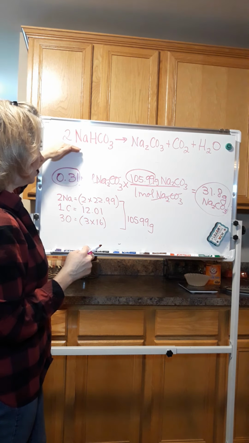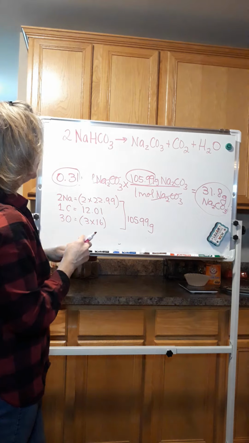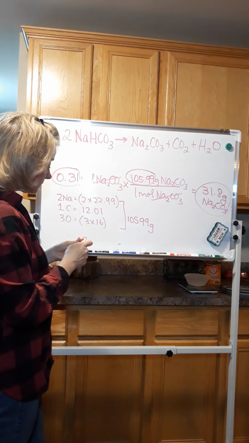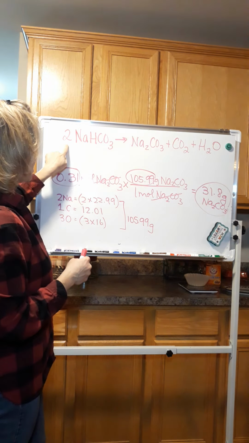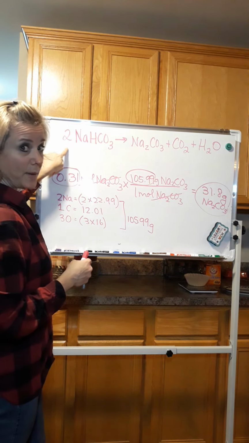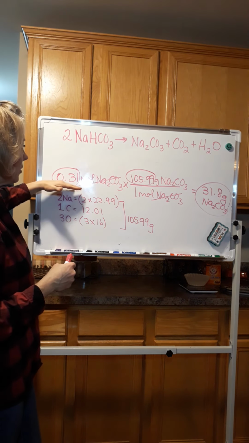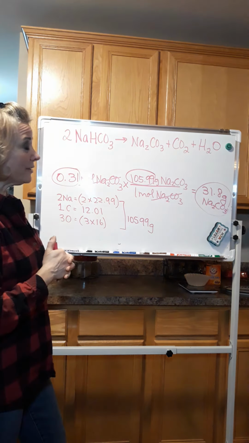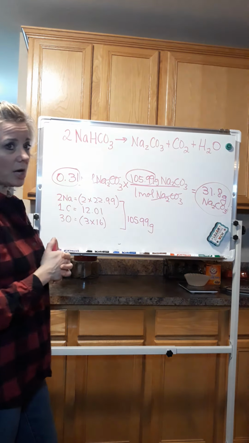I had less than that, less than 2 moles. I only had 52 grams of it. And so what we figured out is that if I start off with 52 grams of baking soda, that I could create 0.31 moles or 31.8 grams of sodium carbonate.